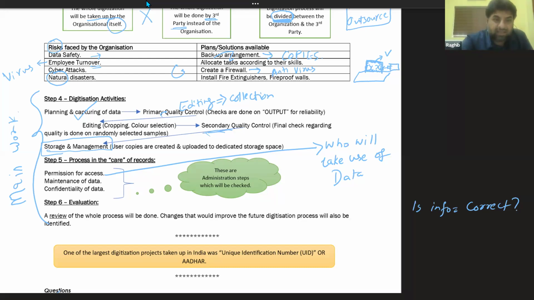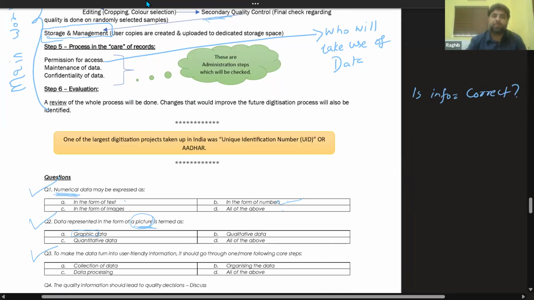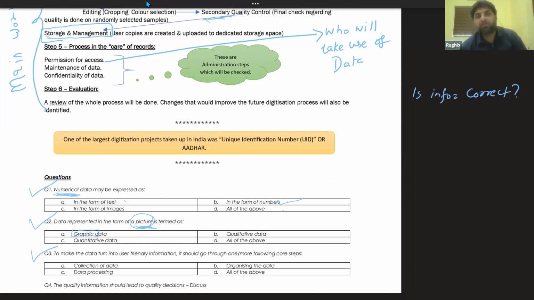Now the last one is evaluation. After all the storage activities are done, you need to understand how we can do it better in the future. Next time when you are doing the digitalization, how much better can you do it? If anything wrong happened in the previous stage of digitization, how can we resolve it?